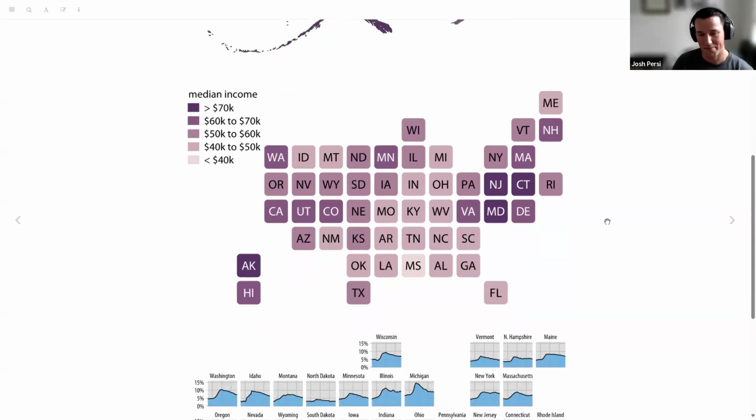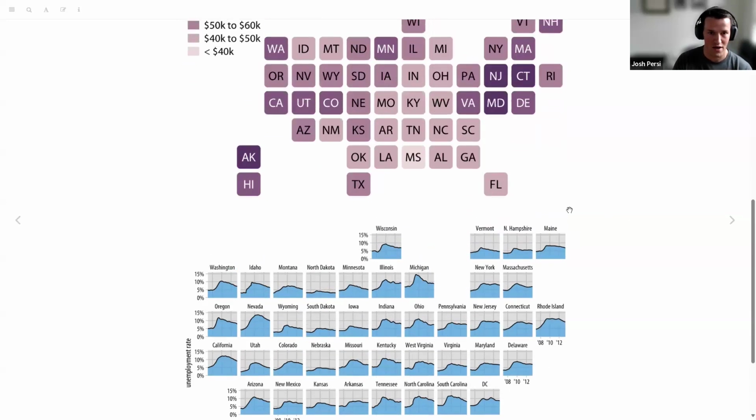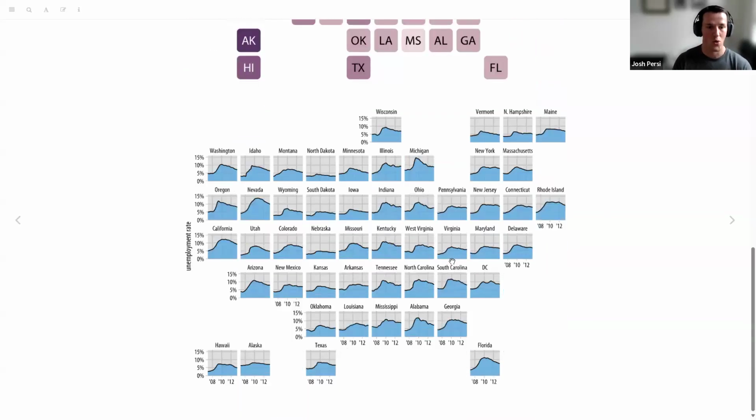But then the last type of choropleth variant is an extension of the cartogram heat map, where you're using facets, just like Arthur was talking about, to locate the polygon, or rather the name of that polygon, in its relative location to all the other polygons. And then you plot some sort of data.